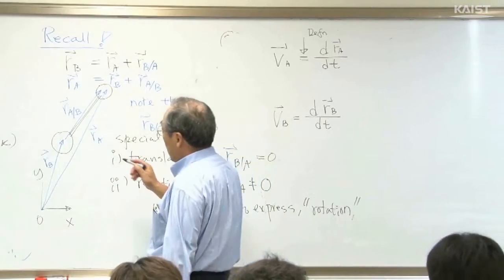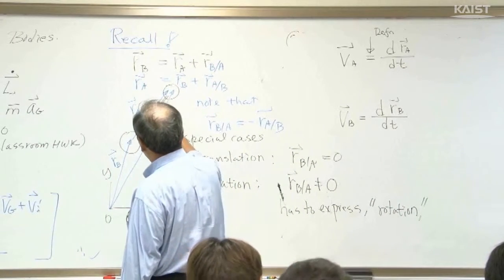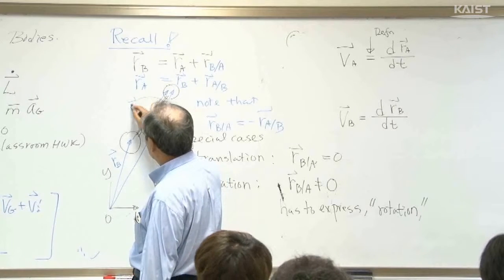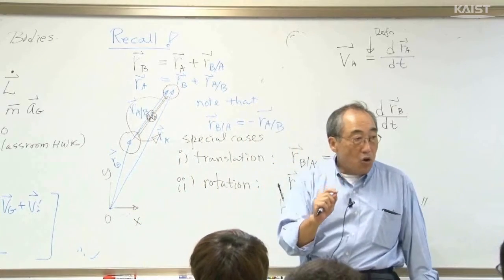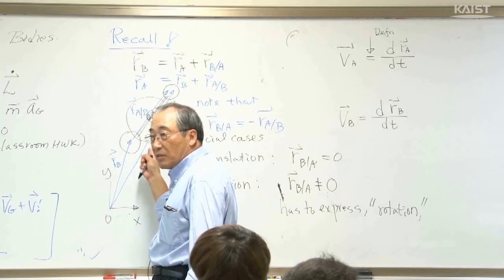Okay, because it is rotating, assuming that this is the center of mass, and assume that this rotates like that. Our ultimate goal is how to express this vector.